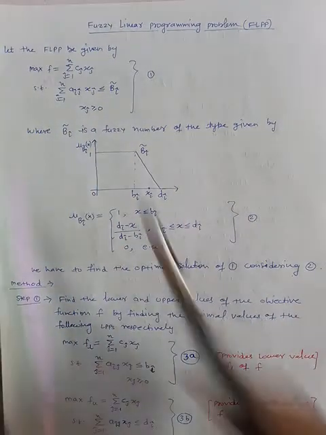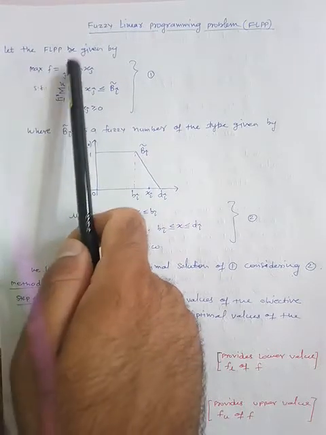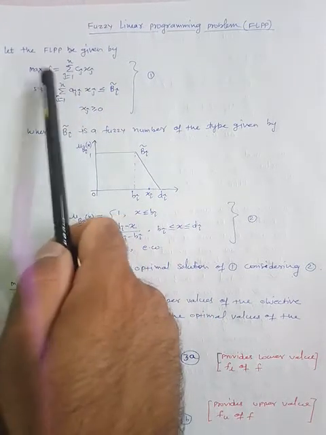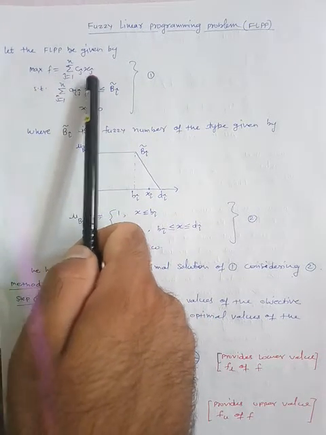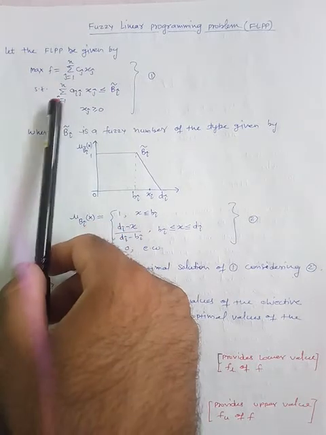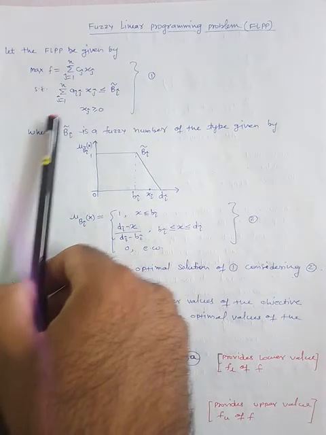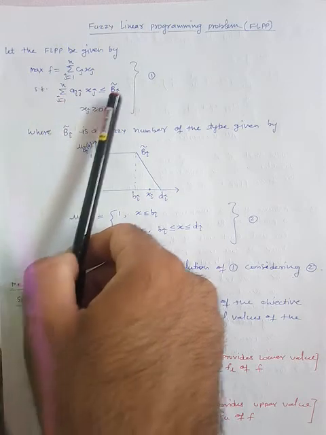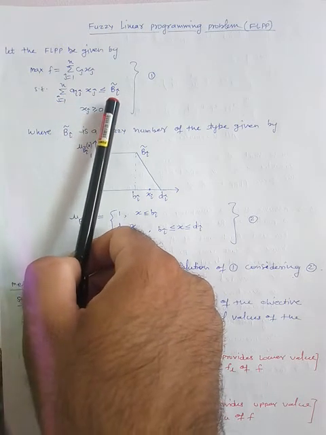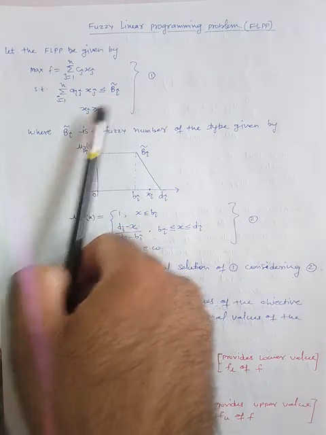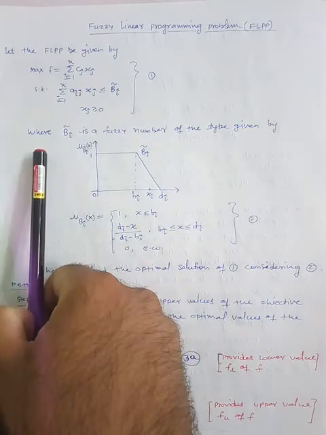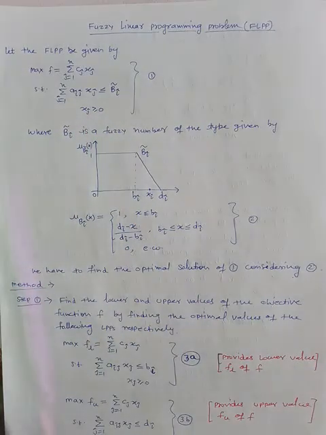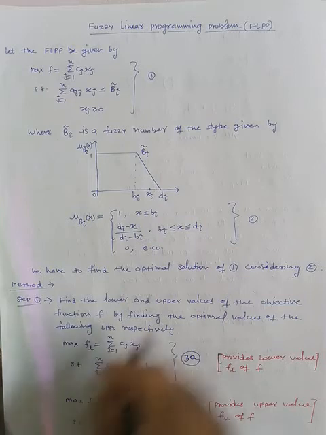Let the fuzzy linear programming problem be given by: maximize f, the summation of cj xj, subject to the summation over j equals 1 to n of aij xj less than or equal to bi, where xj is greater than or equal to 0 and i varies from 1 to m.